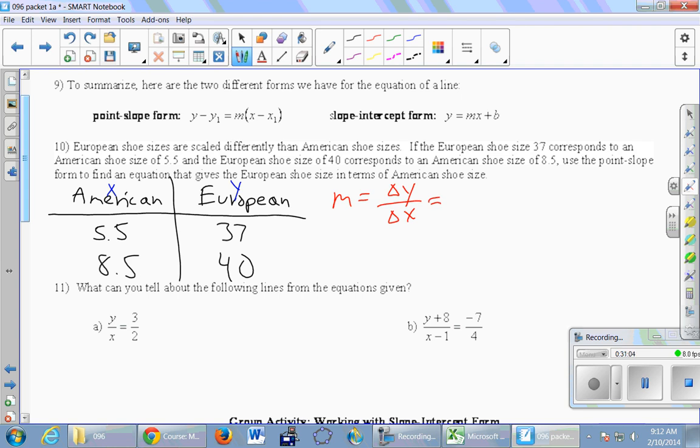So what do we subtract first? Y2 minus Y1. So what are the Y's in this problem? 40 and 37. So subtract the Y's. And on the bottom, subtract the X's. 8.5 minus 5.5.